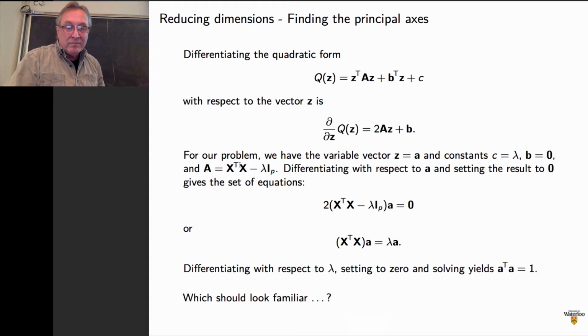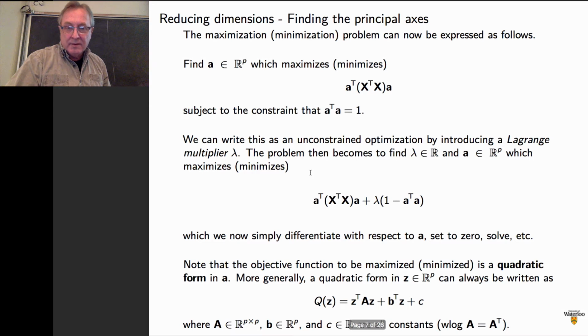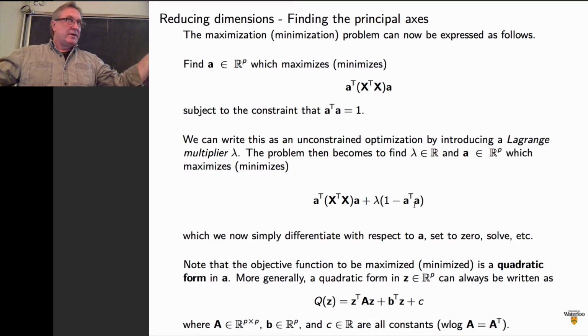Back in our system, A was this thing here, because if you go back, I had A transpose times X transpose X minus lambda times the identity. I'll put a little a transpose on either side of that, and you'll get this. And I've got a lambda for this C.